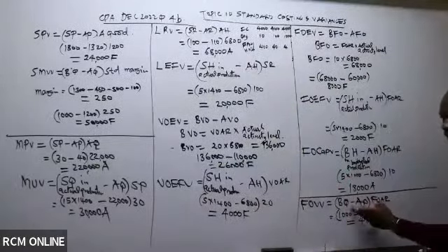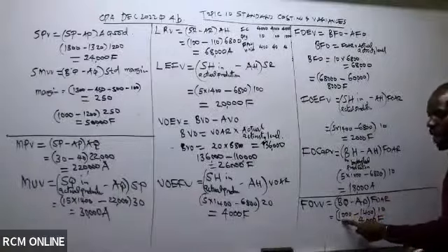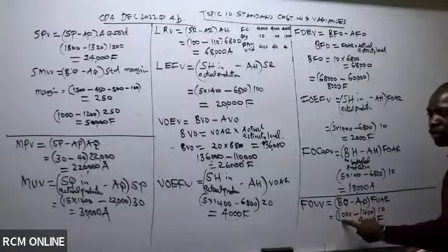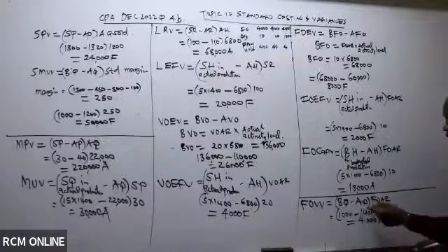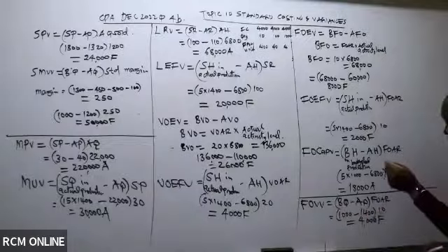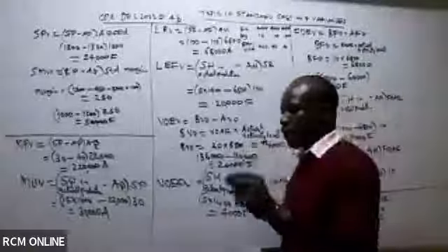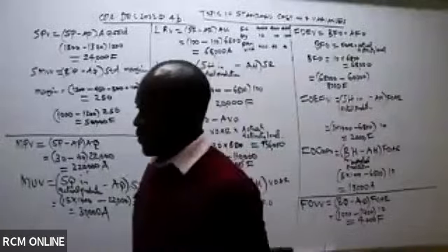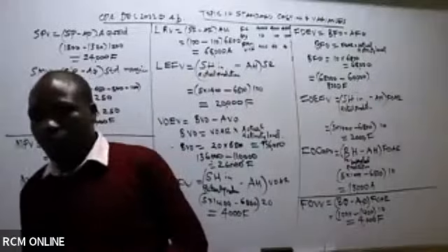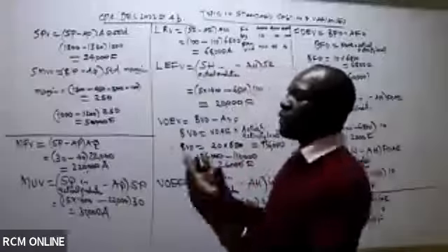When you come to this part, they budgeted to produce 1,000 units, and you can tell the production cost per unit. When the units increased to 1,400, will we be talking about favorable volume of output or adverse? It is favorable.